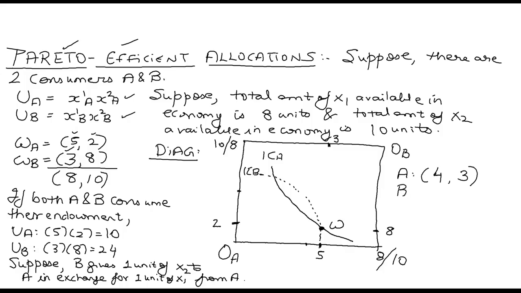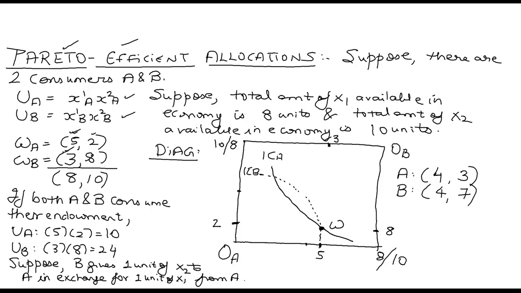For B, B gets 1 unit here, but then B gives 1 unit here. So you can see this trade is happening. B gives 1 unit of x2 to A. That means 8 will become 7 and 2 will become 3. And A gives 1 unit of x1 to B. So here it will become 4 and here also it will become 4.